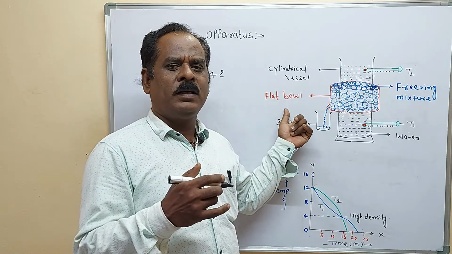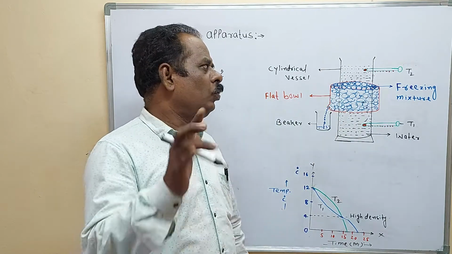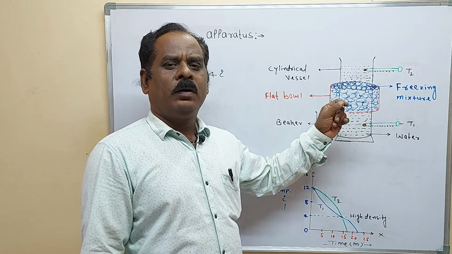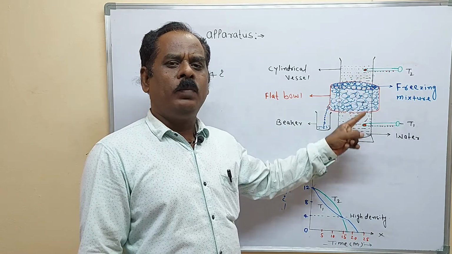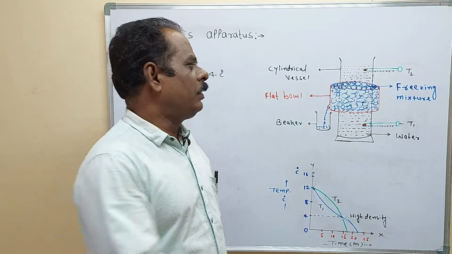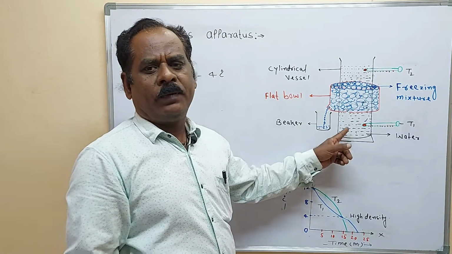The flat bowl vessel is attached at the center of the cylindrical vessel, and there are two provisions for the attachment of thermometers above and below the flat bowl. Fix these two thermometers, T1 and T2, in this area.